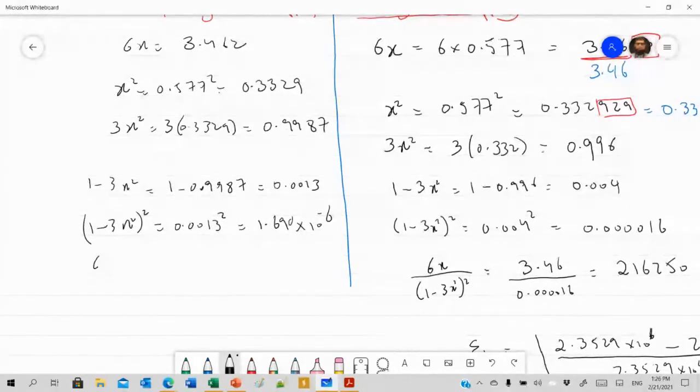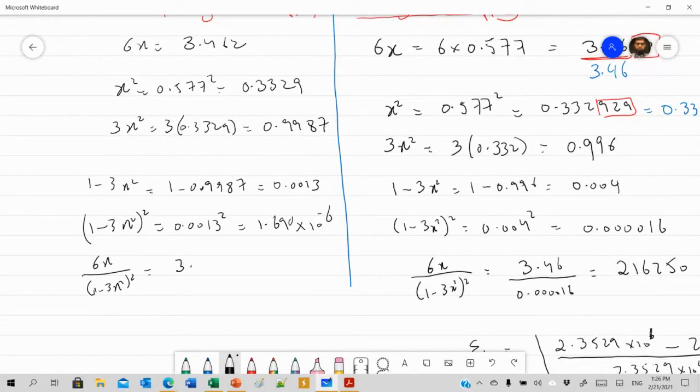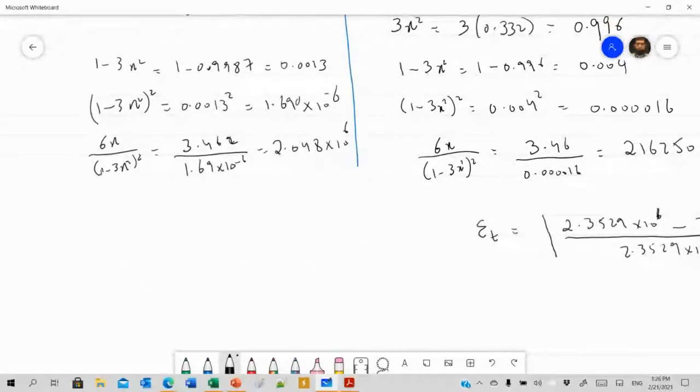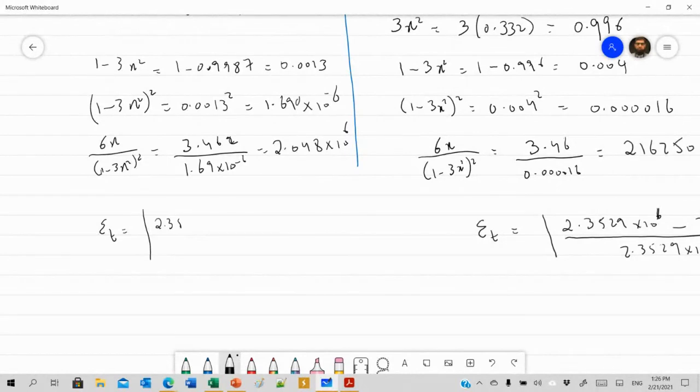Then we do the final calculation, which is 6x over 1 minus 3x square, the whole square, which is 3.462 over that. We get 2.048 times 10 to the power 6. We can look at the error: the true value, which is 2.3529 times 10 to the power 6, minus 2.048 times 10 to the power 6.